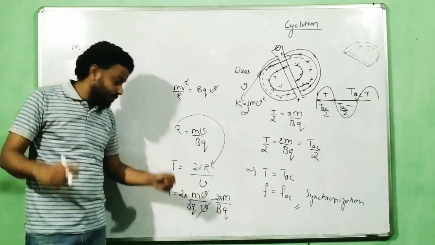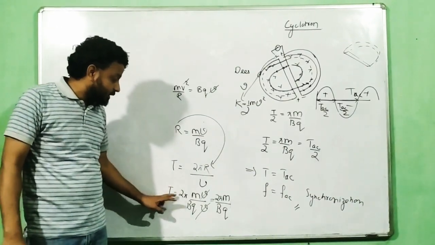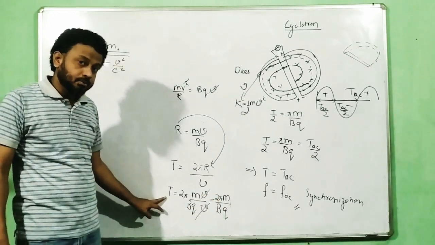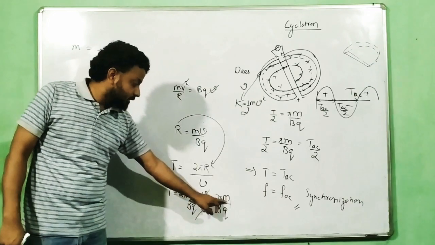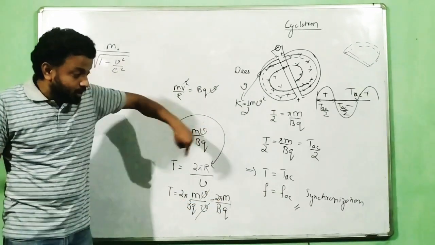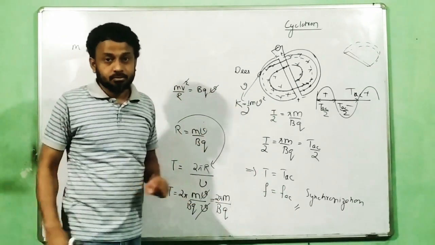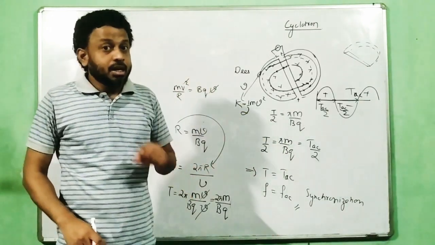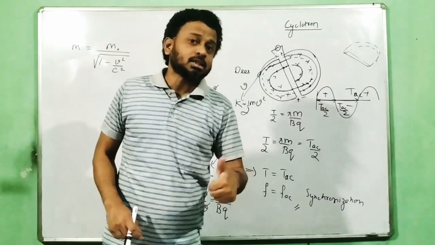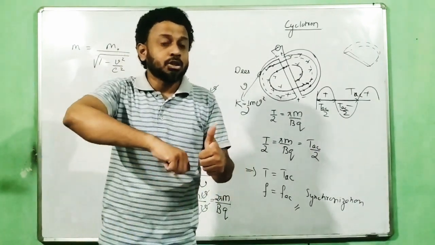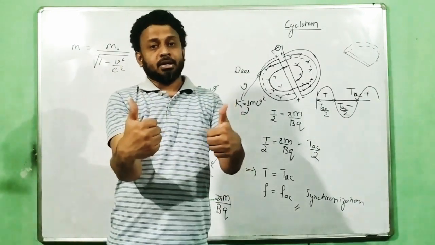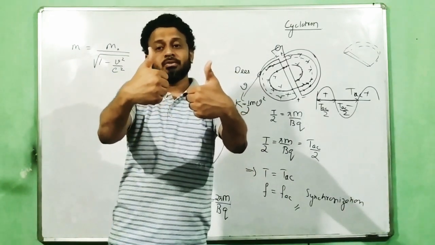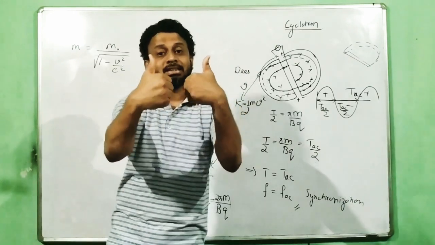Now that is the main problem. If my mass starts changing, now remember, mass controls the time period, right? If my mass starts changing, the time period of rotation will start changing. Correct? The time period to complete one rotation will start changing. If my time period of rotation starts changing, then my synchronization will get affected. I started with the frequency of alternating voltage and frequency of rotation the same.